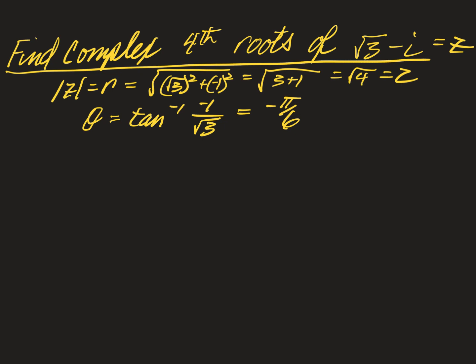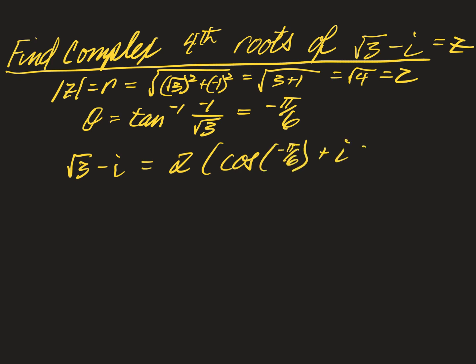I've done everything I need. So the polar form, so I take square root of 3 minus I is equal to 2 times cosine negative pi over 6 plus I sine of negative pi over 6. Okay? So now I have the polar form, and I have r and theta.